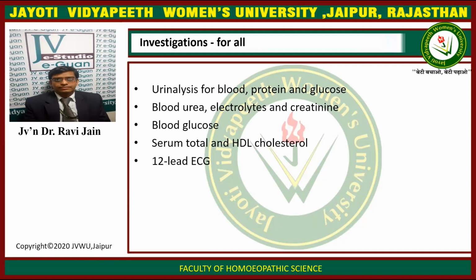The investigations to be done on all the patients include urine analysis for blood, protein, and glucose, blood urea, electrolytes and creatinine, blood glucose, total serum and HDL cholesterol, and 12-lead ECG. I will again repeat all investigations that will be done in all the patients: urine analysis for blood, protein and glucose, blood urea, creatinine, electrolytes, blood glucose, serum total and HDL cholesterol, and 12-lead ECG.